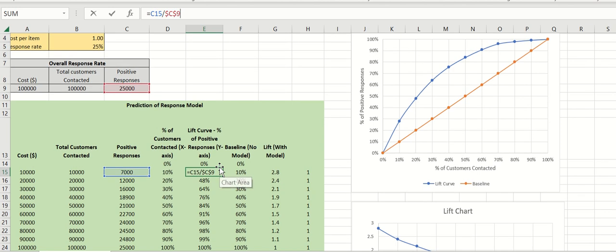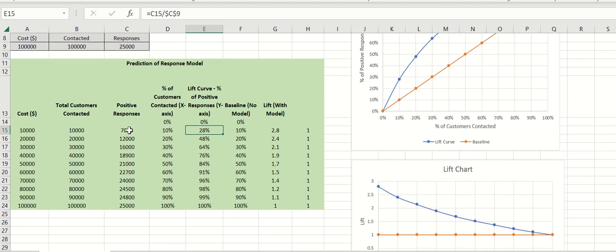So when we send it to 10% of our customers, we would get from our model 7,000 out of 25,000 versus the 2,500 out of 25,000. So that's what you're seeing here is that ratio. So this is the 2,500 out of 25,000 and the 7,000 out of 25,000. So that calculation goes incrementally from 10% to 20, 30, 40, 50, 60, 70, 80, 90, 100. And this is based on this data here.